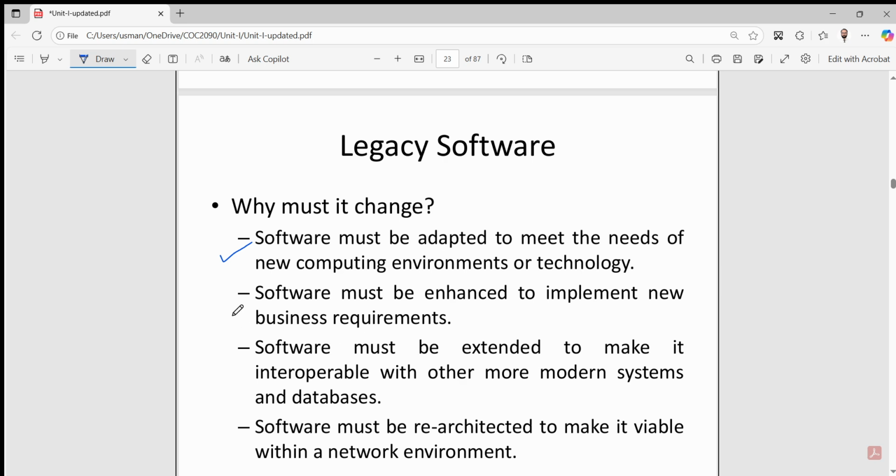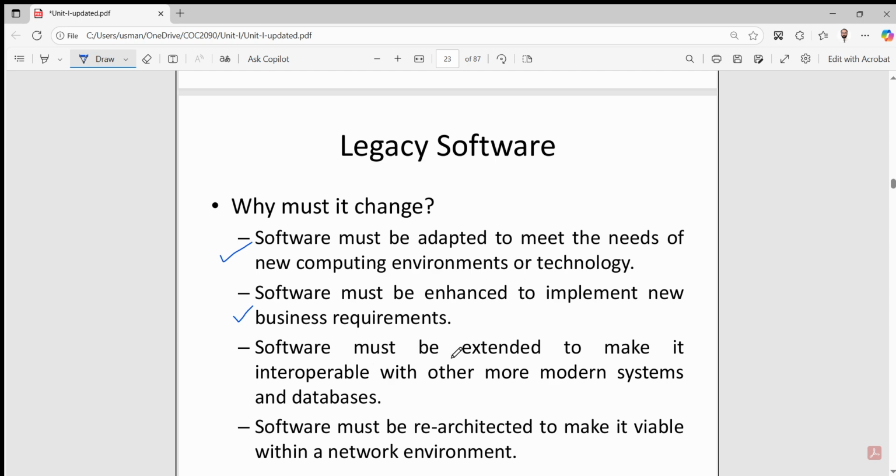The second thing is the system must be enhanced to implement new business requirements. Now you need to have new dashboards, new analytics, new alert systems. So if you want to market it, you have to change the legacy system in such a way that it keeps the past as well, and comes up with the new future things as well.